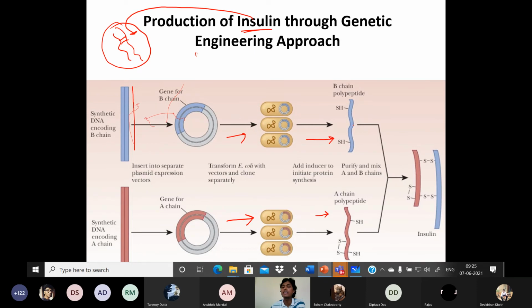After getting those polypeptides, you have to mix them in 1:1 ratio, and finally after some detailed procedure, you will get this mature insulin.